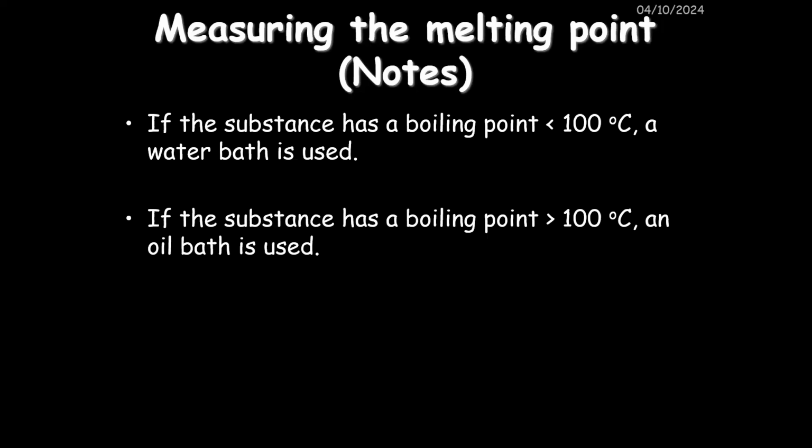But if the substance has a boiling point that's more than 100 degrees, water will boil at 100 degrees, and the substance will remain solid and will not melt, because it needs more temperature, more heat. So in that case, we use the oil bath, because the oil boils at a very high temperature. Its boiling temperature will be enough to melt that solid substance.